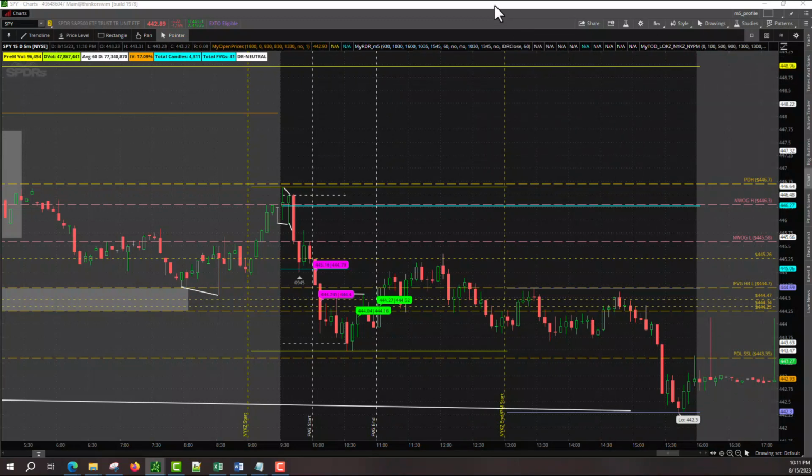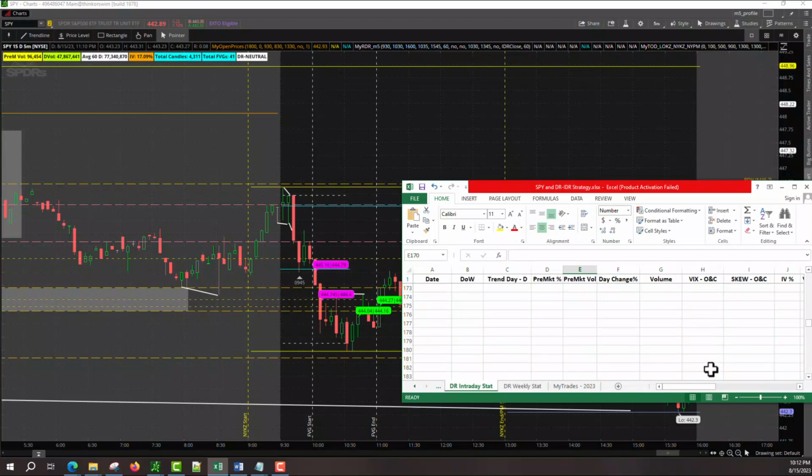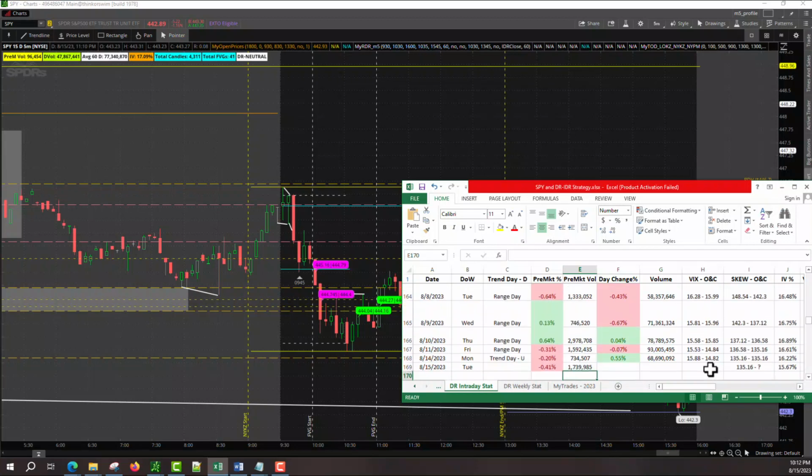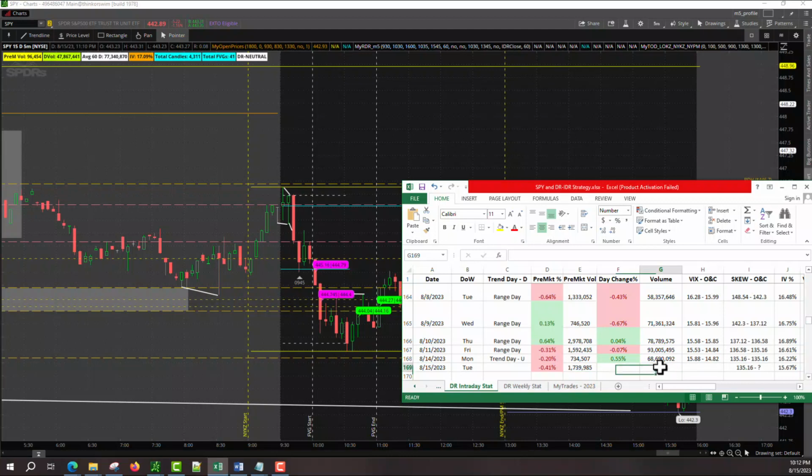Let's see, we have 1 minute left. You see right here, the volume for today is very low, only 47 million shares. Normally, the volume we see, average is 77, right?